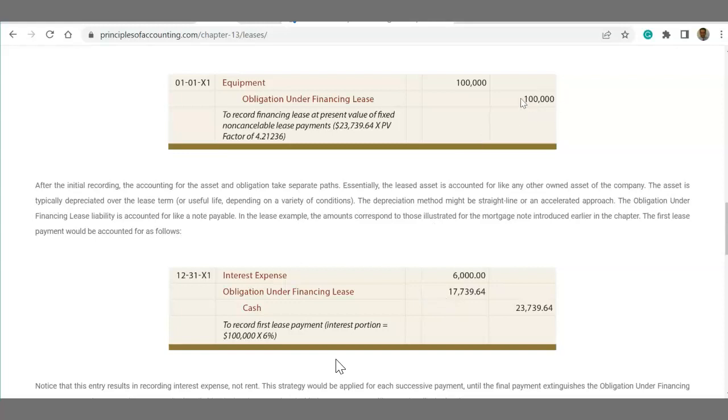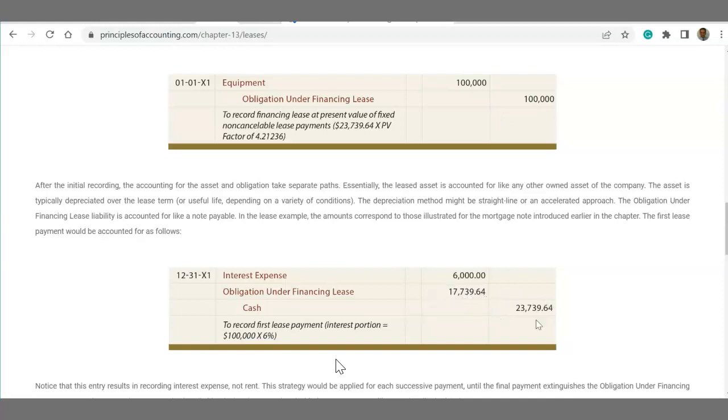You see here, you have an obligation under financing lease. That liability will be amortized and reduced, so that after, let's say, 5 years or whatever, all the liability has been paid off, and the equipment is still sitting there for you in the T account. You have the asset, but free of the liability.